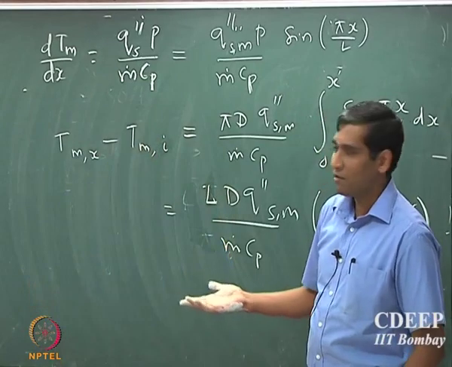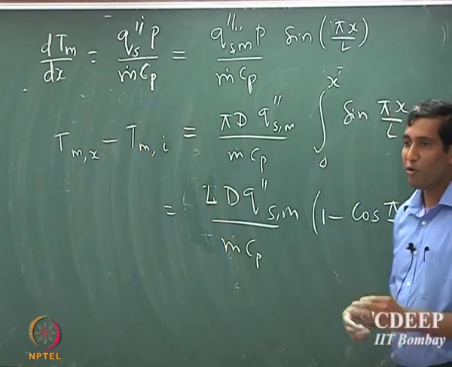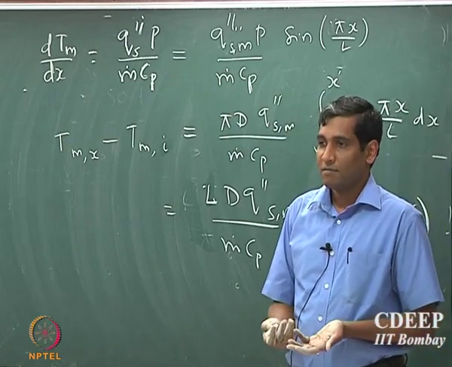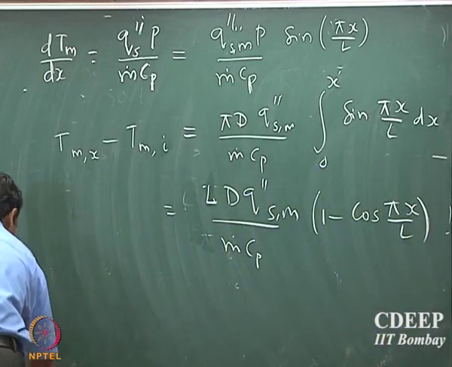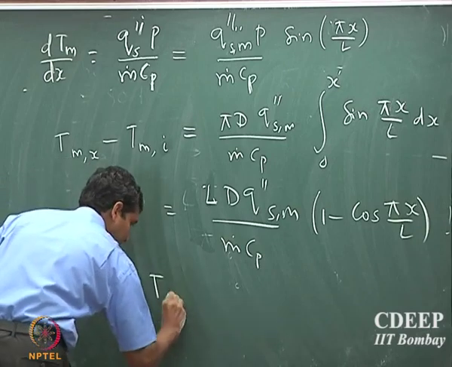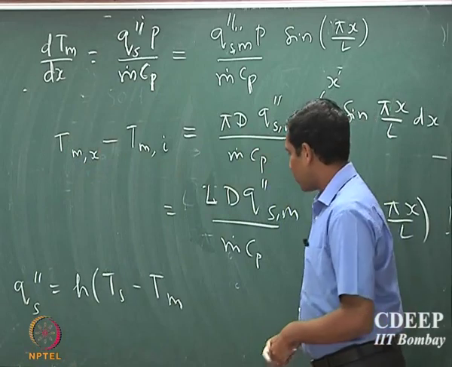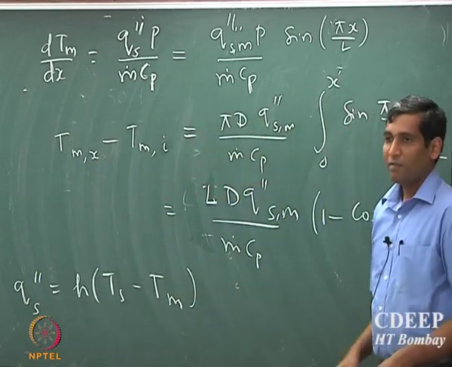That gives you the expression for the mean temperature as a function of x location. How do we find the surface temperature? Easy again. So, we know that Qs prime is h into Ts minus Tm, right. So, you just plug in the expression for Tm of x here, we will be able to find it.